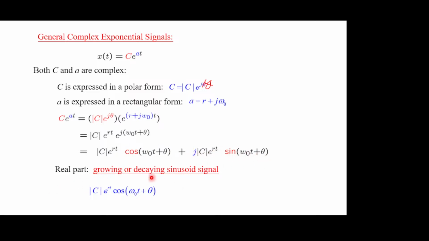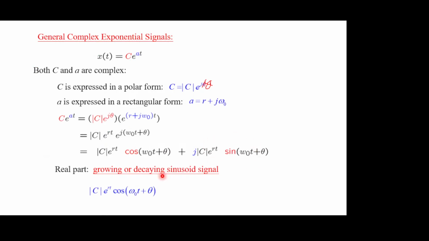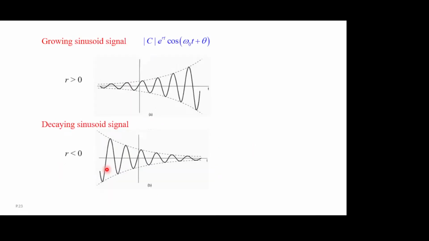And now we plot the real part, then it's cosine times the exponential e to the rt. So it's either exponentially growing or exponentially decaying cosine, depending on whether your r is bigger than 0 or less than 0. And it will just be similar for the imaginary part. So it's also exponentially growing or decaying, depending on whether r is bigger than 0 or less than 0.